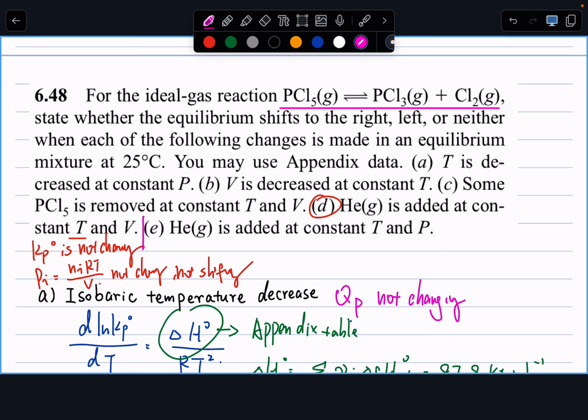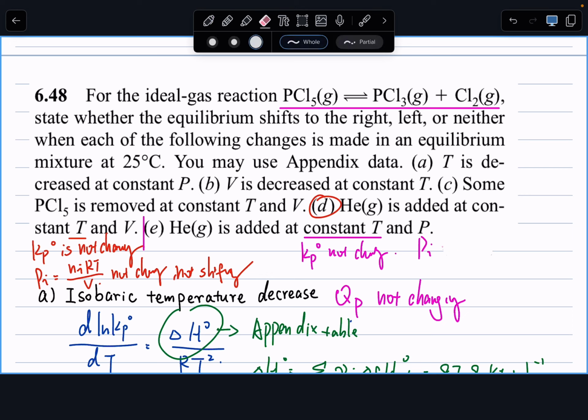All right. And what about part E? So for part E, again, constant T, my Kp naught is not changing. And my Pi then depends. You can write it as Ni RT over V, but in this case we're adding the helium into my reaction mixture while changing the volume.